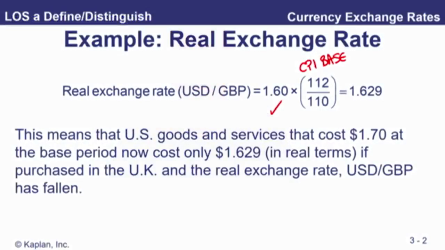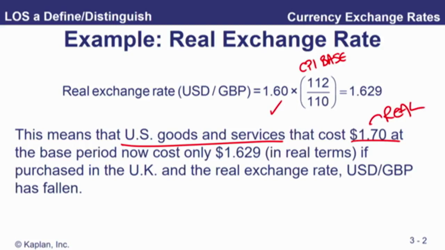So what does this real exchange rate tell us? Well, it means US goods and services, think of a basket of US goods, would have cost 170 at the base period because that was the real rate at the base period. It was the nominal, but CPIs were equal, so it was also the real.